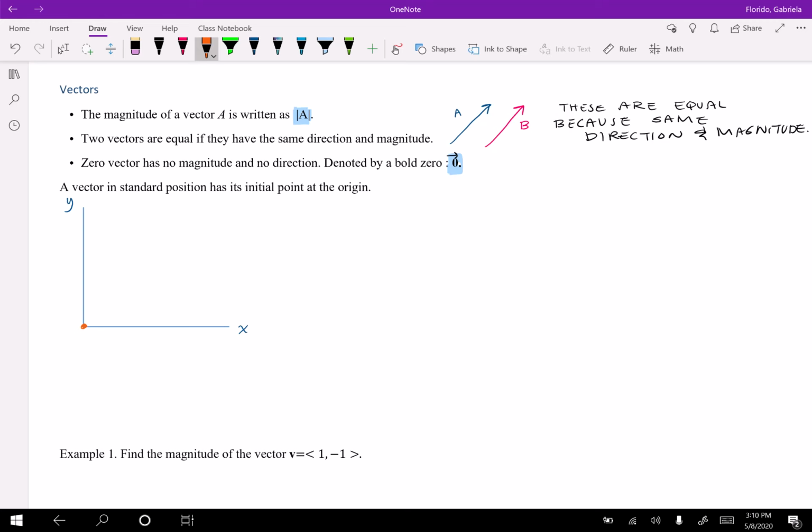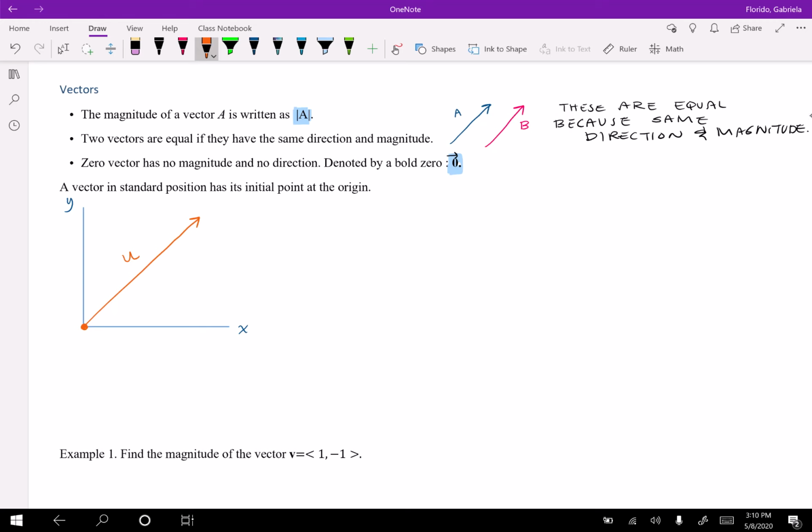Let me just draw one at random here. I'm going to call this vector u. Its initial position is at the origin, and it just depends on what the length, the magnitude, and the direction are. That's going to give us a different kind of vector.